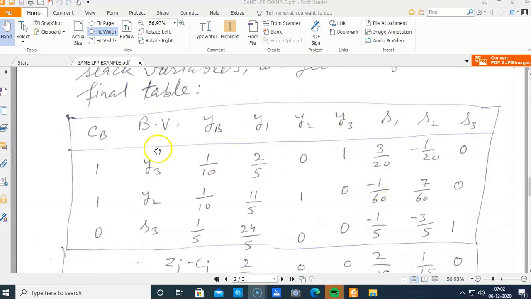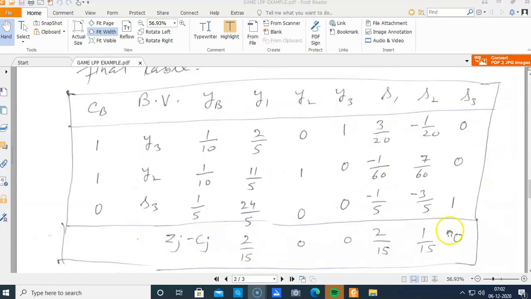When you reach the final table, you have this situation. Here all the zj minus cj values are positive, hence it is an optimal solution. The optimal solution for player B is y3 equal to 1 over 10, y2 equal to 1 upon 10, and y1 equal to 0.